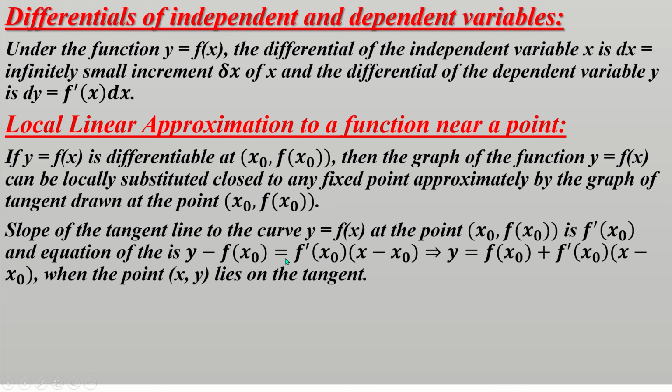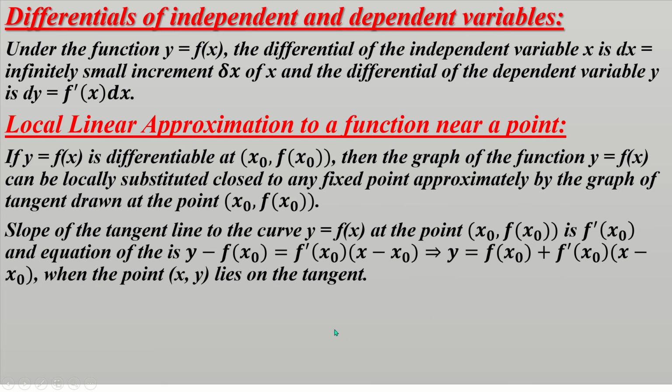This is from chapter 3, the straight line. We know the equation of a straight line if the slope is known and a point is given. Here the point is x0 and f of x0, where f of x0 means y naught.